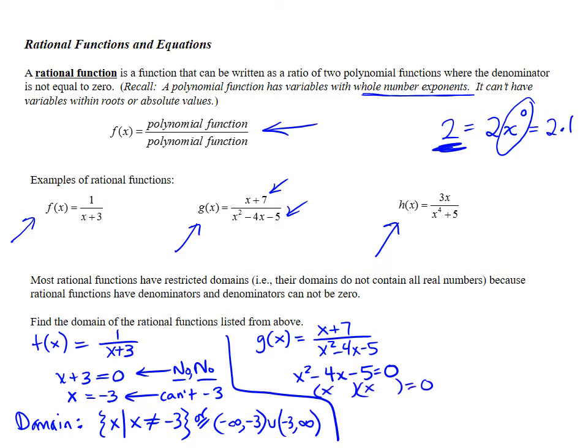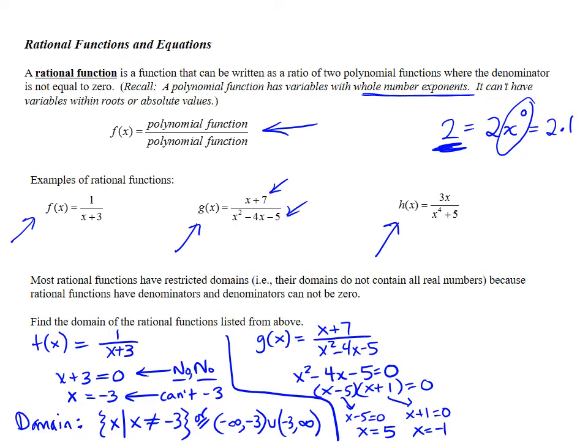So x minus 5 times x plus 1 would be the factorization of x squared minus 4x minus 5. We can set each factor equal to 0 and solve, and find out that we have to make sure x is not 5, and we need to make sure x is not negative 1.